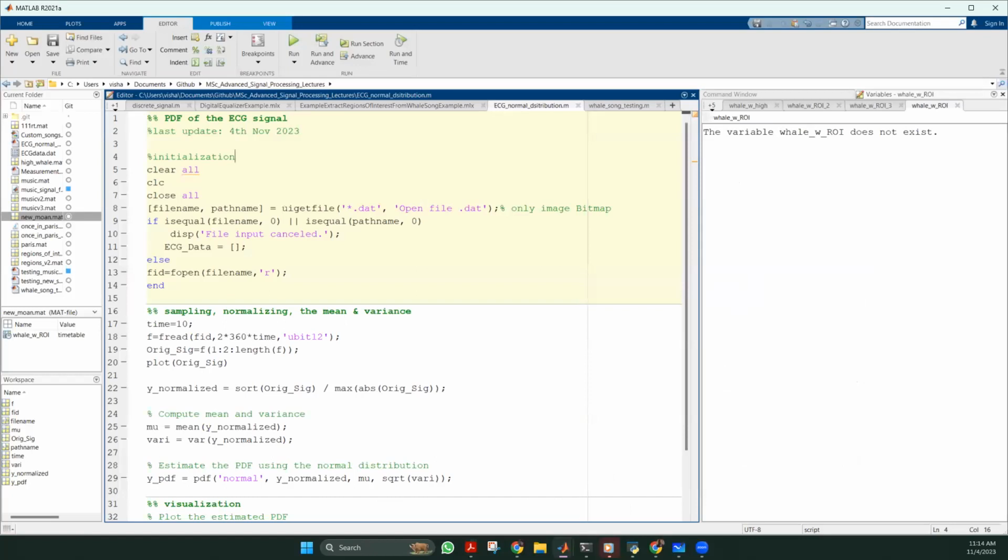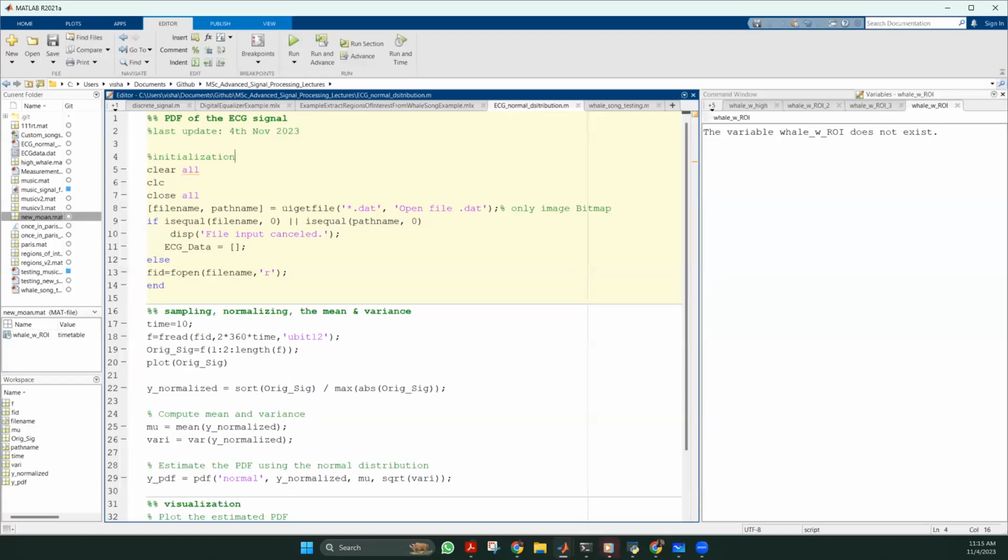We measure the ECG signal using some sensors that we place around the heart. And that ECG signal is known to follow the Gaussian distribution. After multiple studies, people have found it follows a Gaussian distribution.